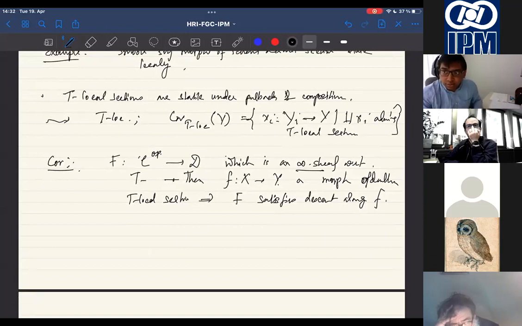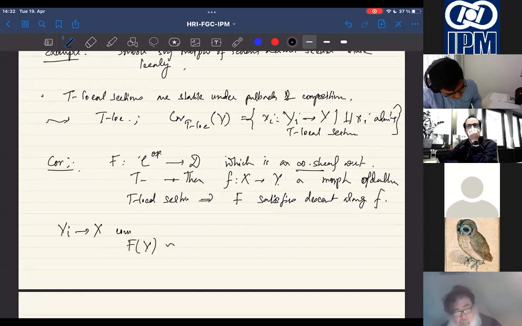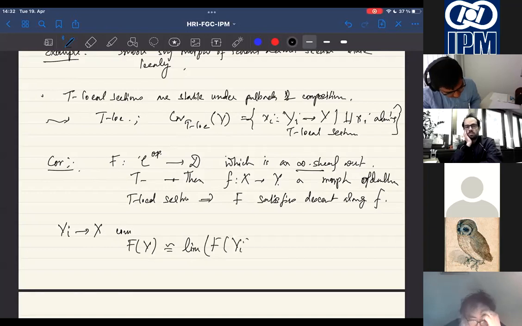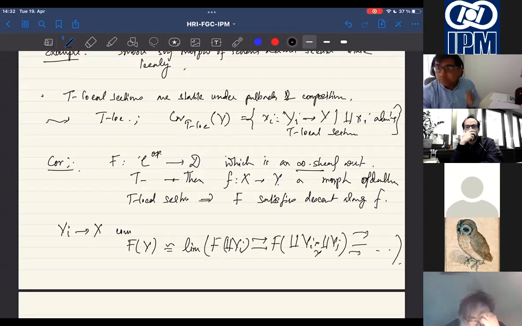In this kind of nice topology where we have these coverings and some finitary conditions, infinity sheaf means that if I consider Yi to Y as a covering, then the sheaf condition boils down to saying that F of Y is the same as considering F of Yi, F of Yj over Y, and so on.